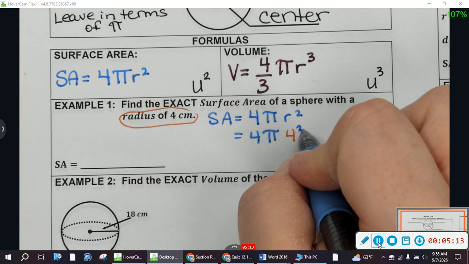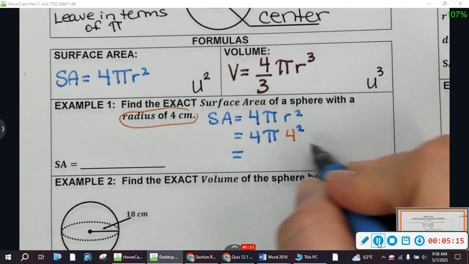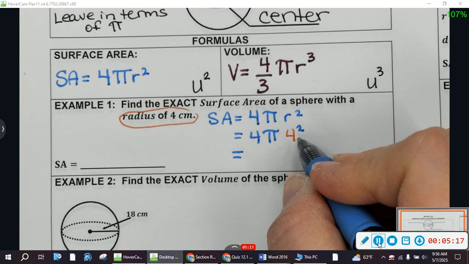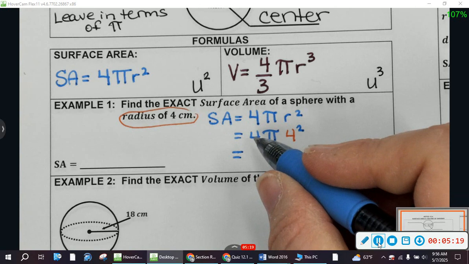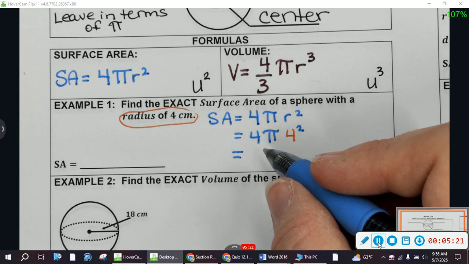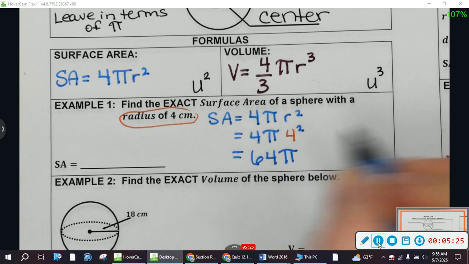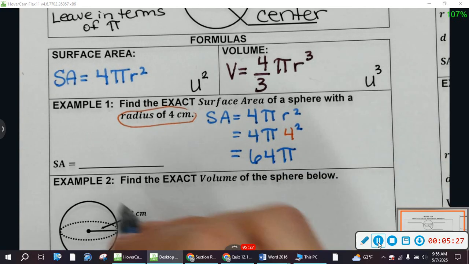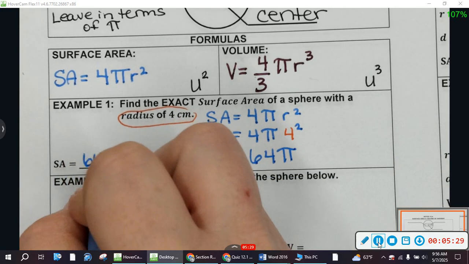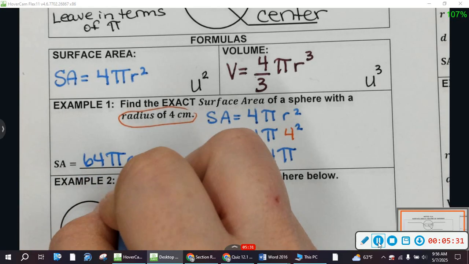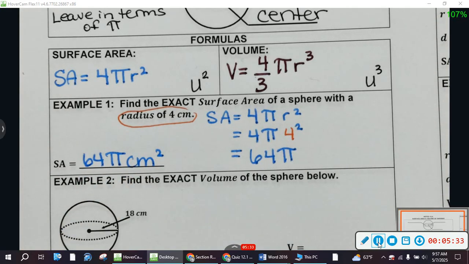And so we use our calculator. 4 squared is 16. 16 times 4 is 64. Leave in terms of pi. Final answer also includes our units of centimeters squared.